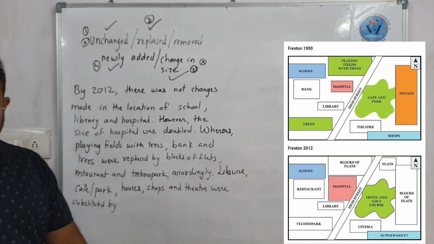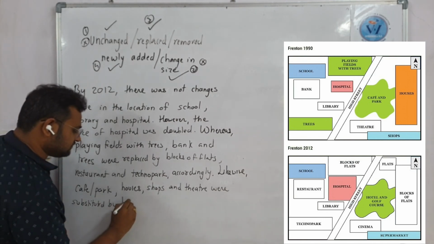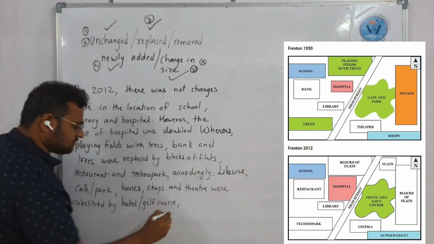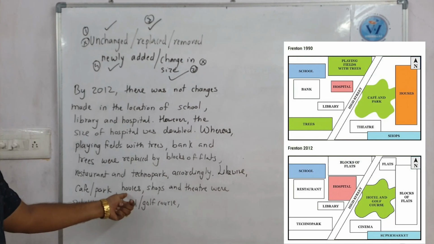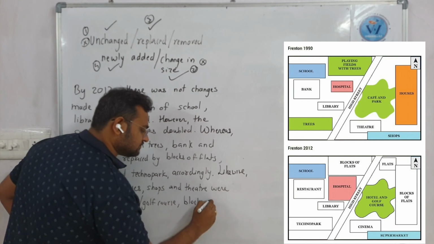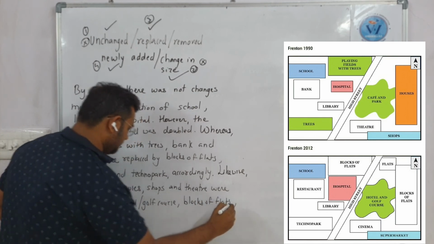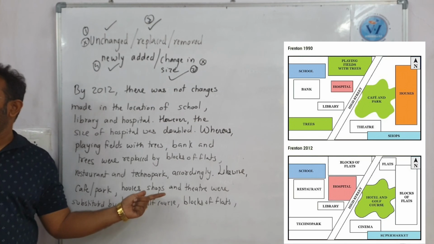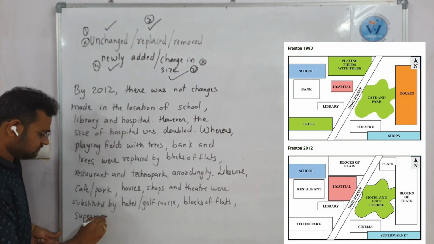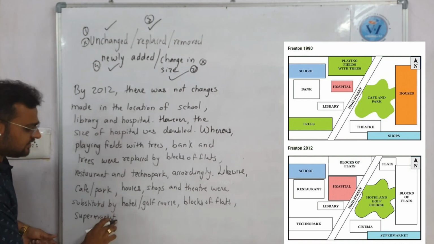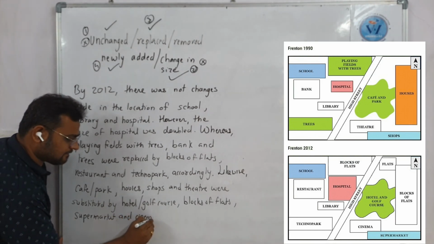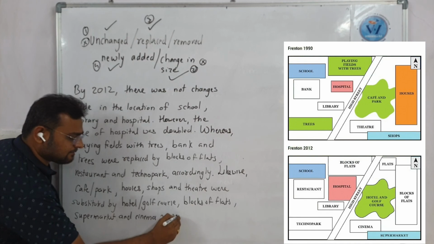Hotel and golf course. Instead of, the second thing is houses, so instead of houses, blocks of flats. Okay. Instead of shops, supermarket. And instead of theater, cinema, respectively.